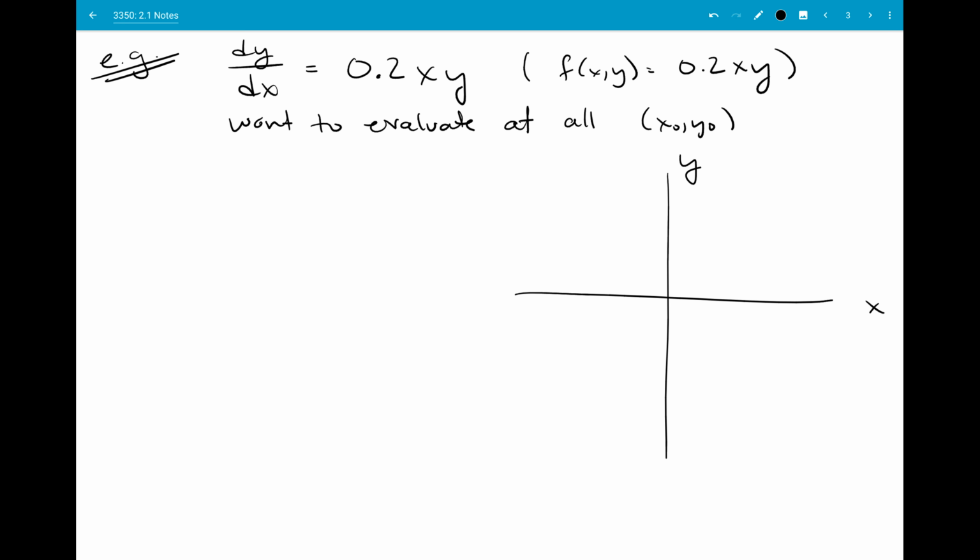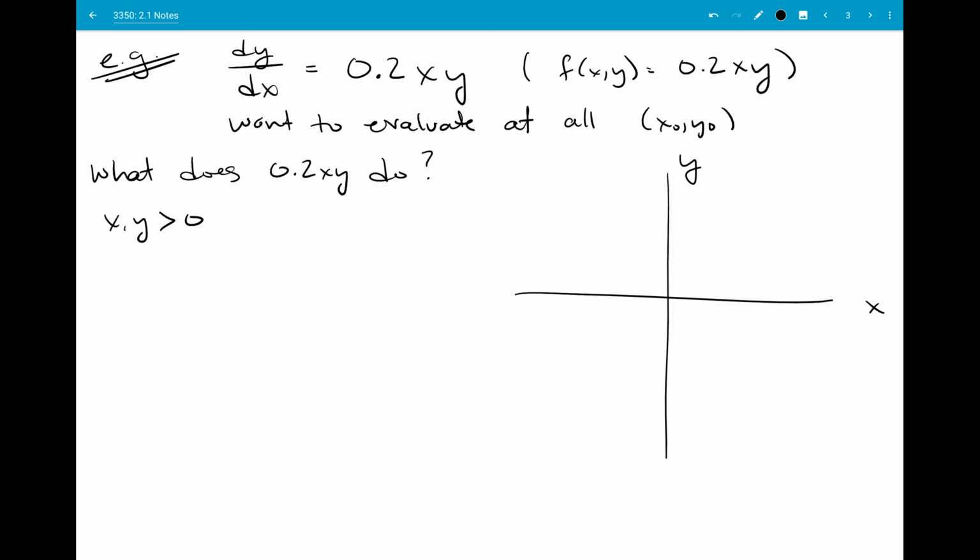To populate this field, I just need to figure out what 0.2xy does everywhere in this plot. So how does 0.2xy behave? What does it do for different values of x and y?